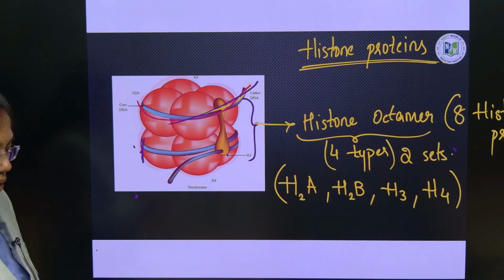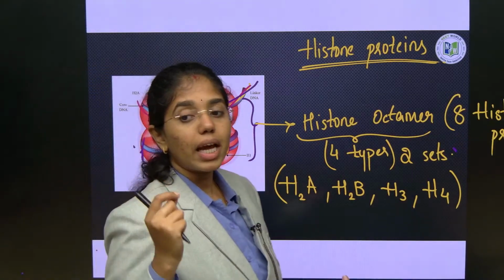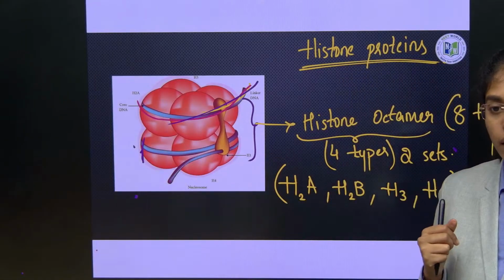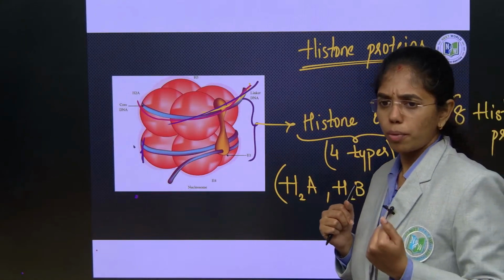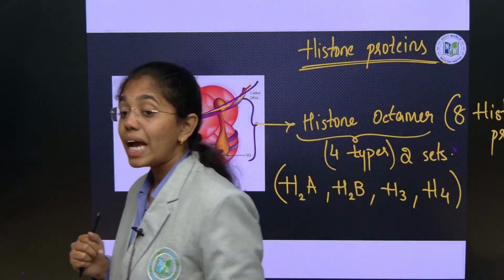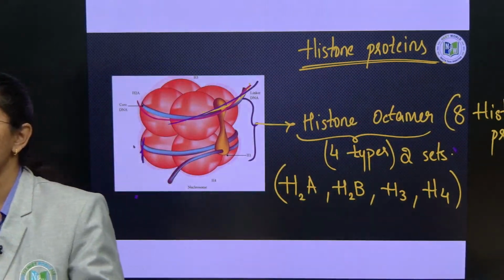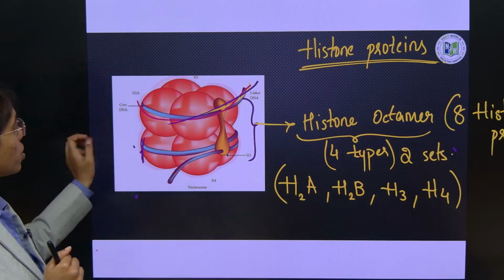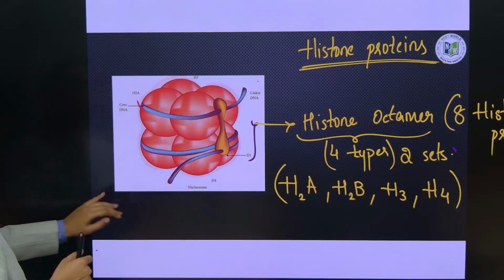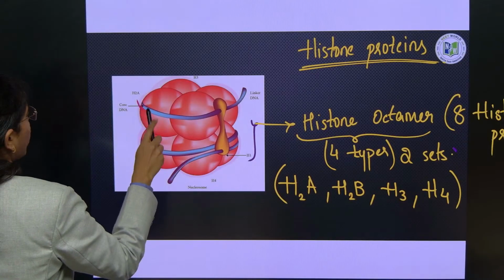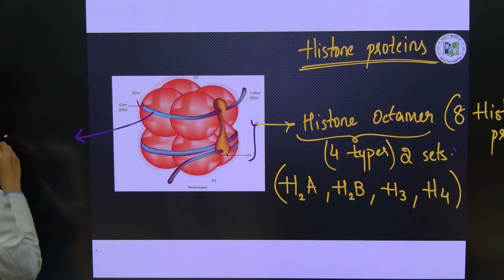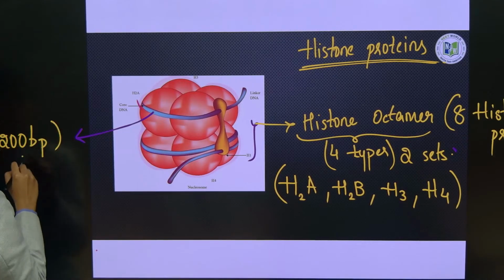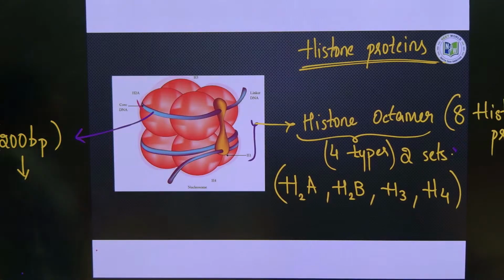Now there is a question. How much DNA is wrapped around the histone octamer? DNA length is measured as the number of base pairs. 200 base pairs of DNA are wrapped around one histone octamer.